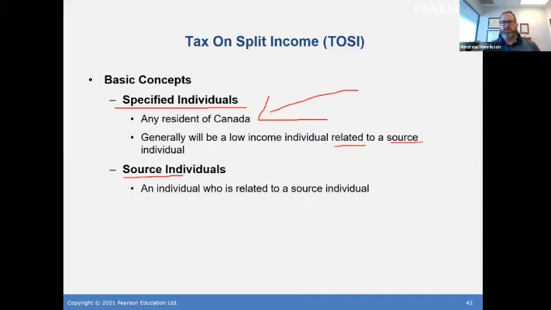Now, this sounds like a bunch of nonsense, right? But we'll come back and try to make this make sense in the concept of what we're doing here. Generally speaking, you have a source of income and you're trying to move it over to somebody else. So you have somebody who's the source of the income and somebody who's a lower income that you're trying to move it to.